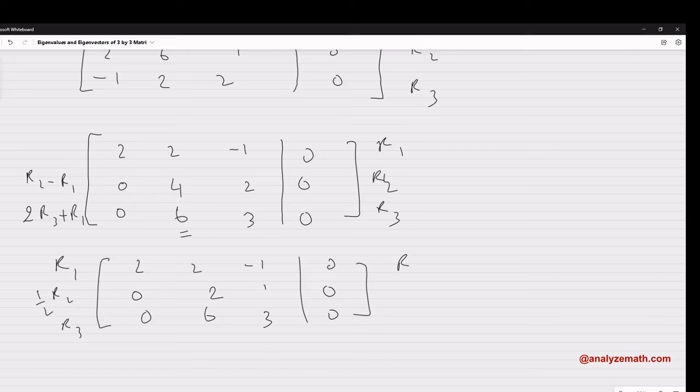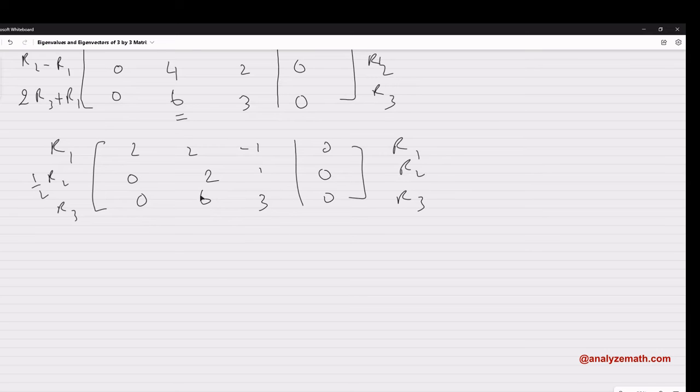Now I am going by steps without jumping anything so that you can follow it later on. Now we can have our 0 here by multiplying this by 3 and then subtracting. So the next thing we're going to do is the following. Keep R1.